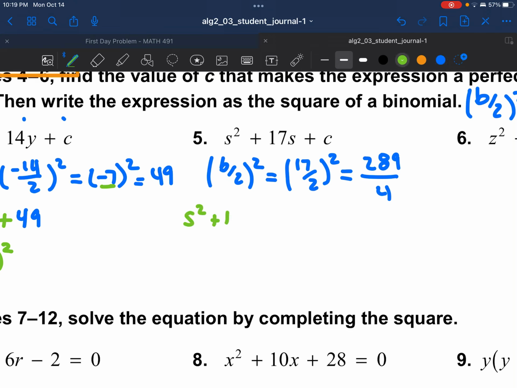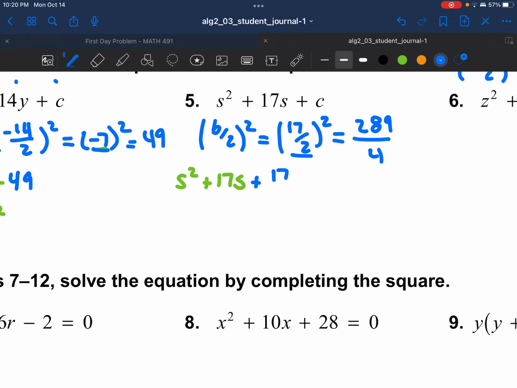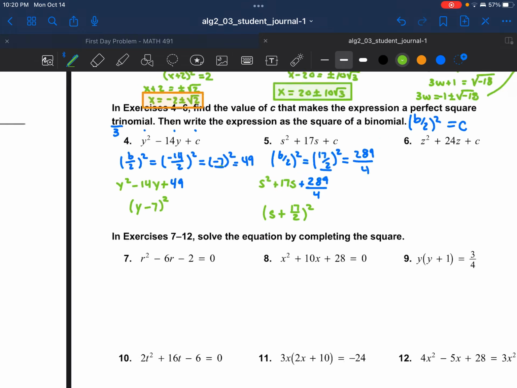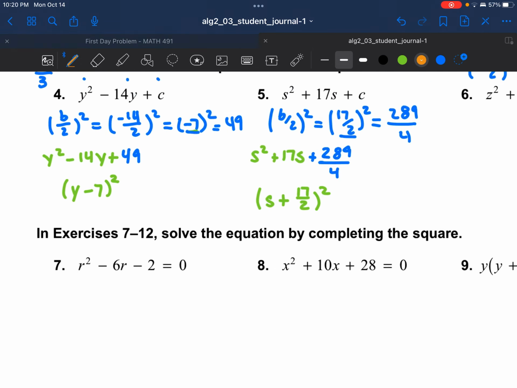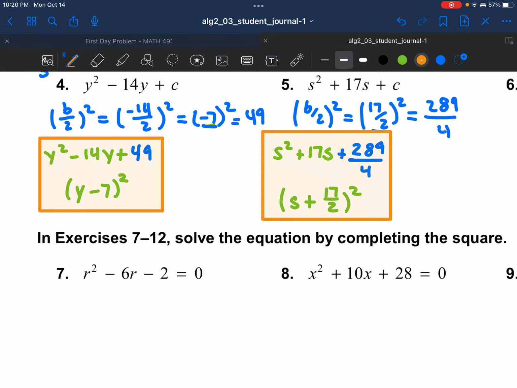So that is going to be s² plus 17s plus 289 over 4. Now we're going to use what's on the inside, and we're going to say (s plus 17 over 2)². Go ahead and box these.